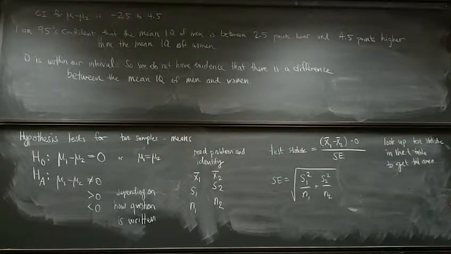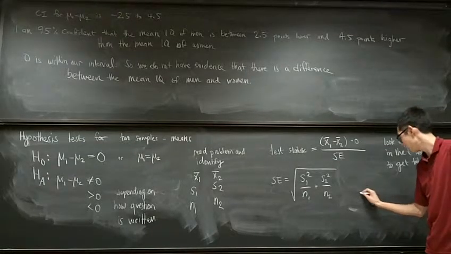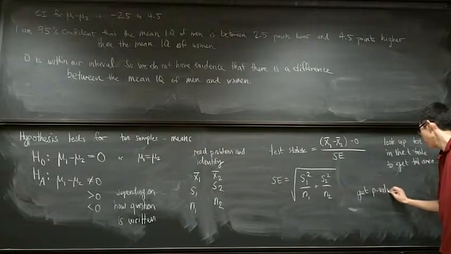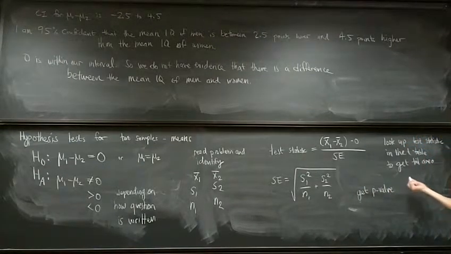Okay? So it's just like we've done before, right? Now we use t. Degrees of freedom is n minus 1, where n is the smaller n, just like before. And get your p-value, which is either the tail if it's one-sided, or the tail area times 2 if it's two-sided.